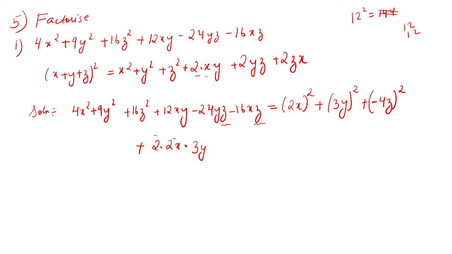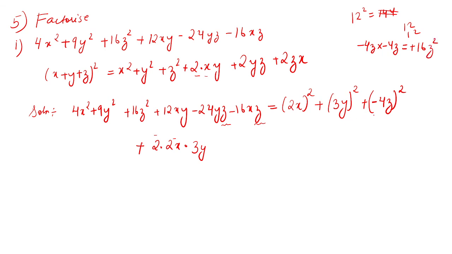This does not change anything with the original equation. It will not bring any change, because if you put minus 4z, it will not change the value of 16z. Because minus 4z, the whole thing squared, is minus 4z into minus 4z. Minus into minus is plus, 4 into 4 is 16, z into z is z square.